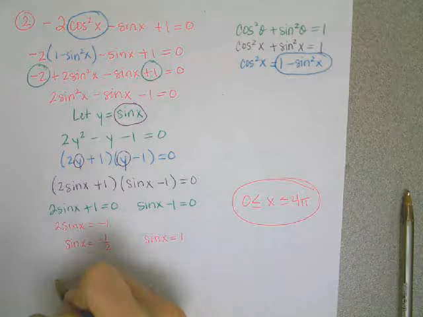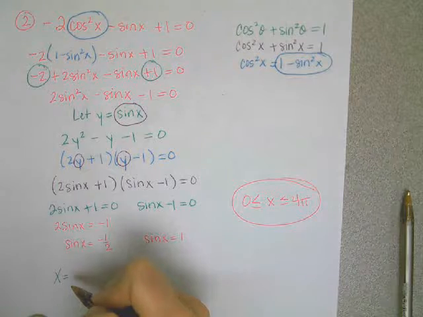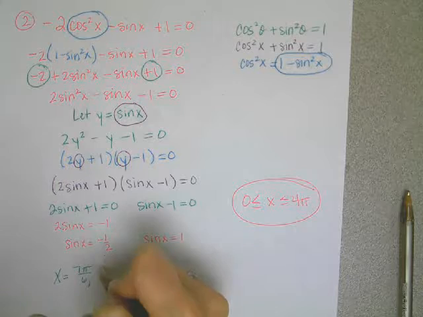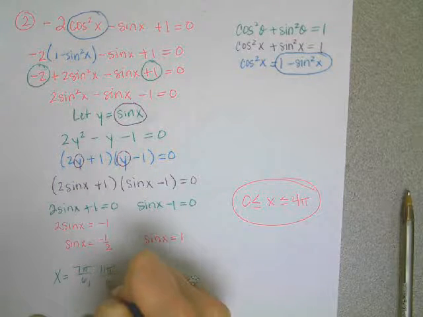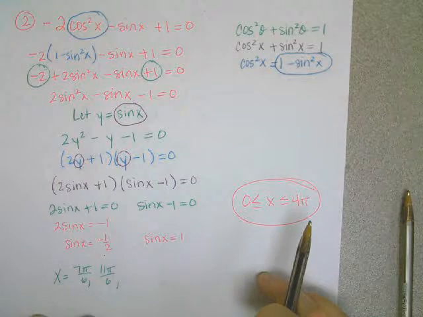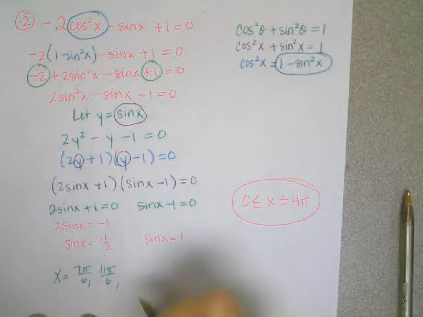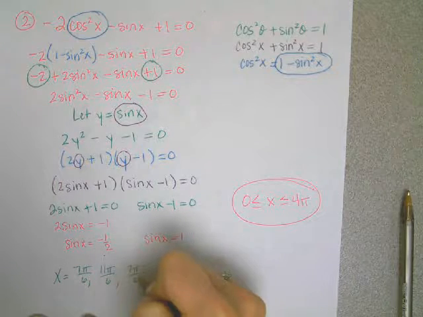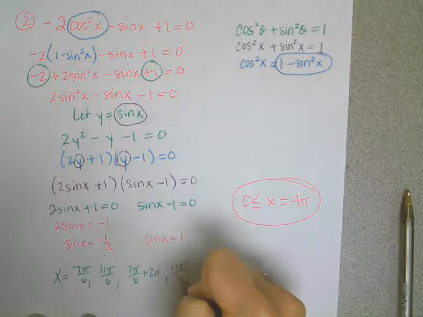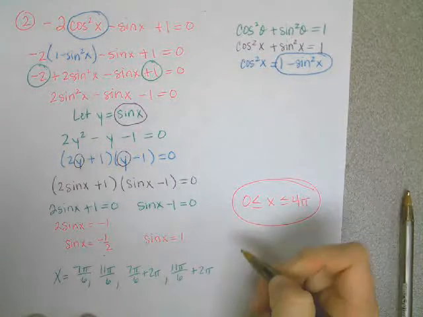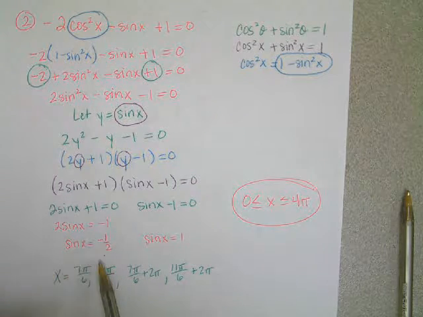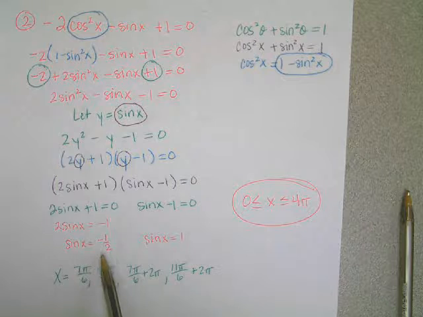So if you look at your unit circle, sine is negative 1/2 at 7 pi over 6, 11 pi over 6. That happens within one full circle. So if I go around again, it's going to happen again at 7 pi over 6 plus 2 pi, and 11 pi over 6 plus 2 pi.